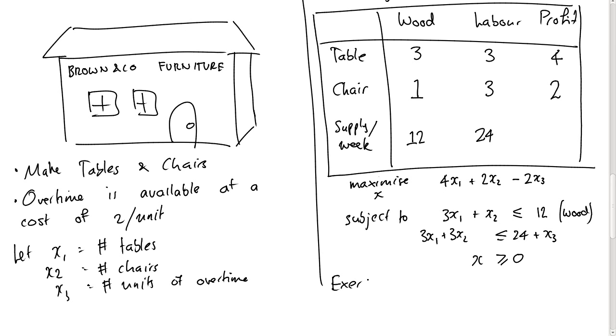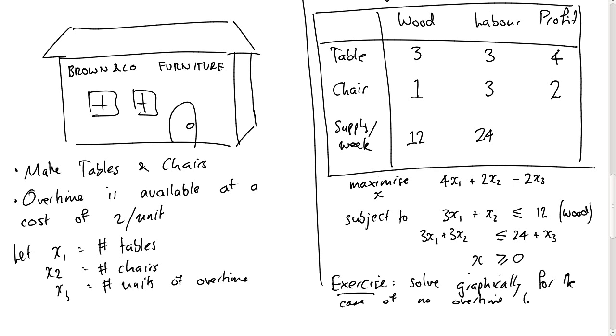So I want to solve graphically. Like I said, it's a linear program. It's got 3 variables, so we can't use our graphical method, but we can if we assume the overtime is 0. So if you just get rid of the overtime from the equation, solve graphically for the case of no overtime.